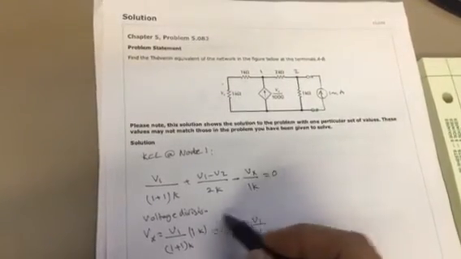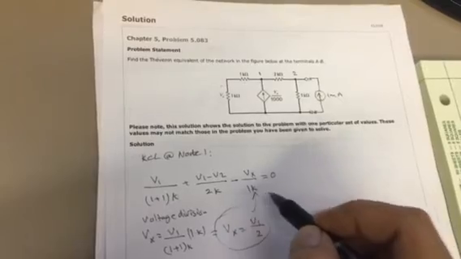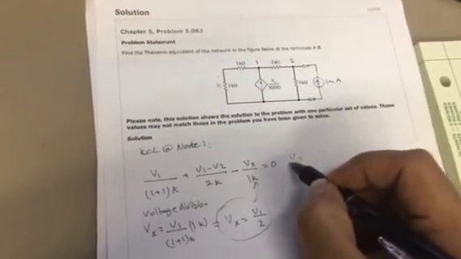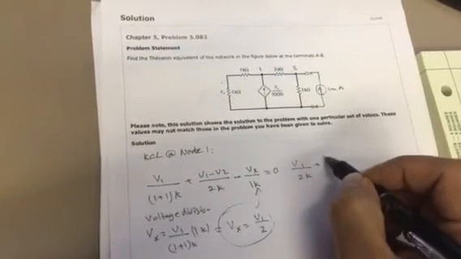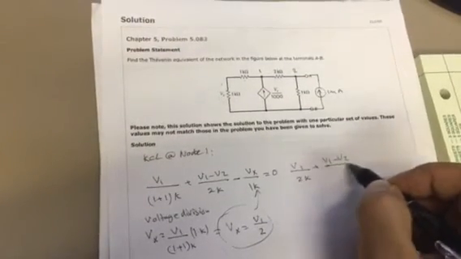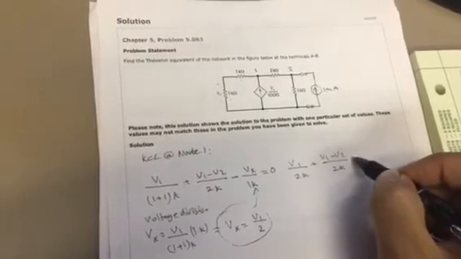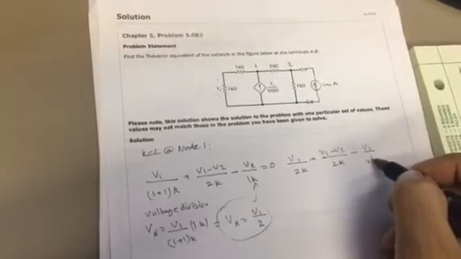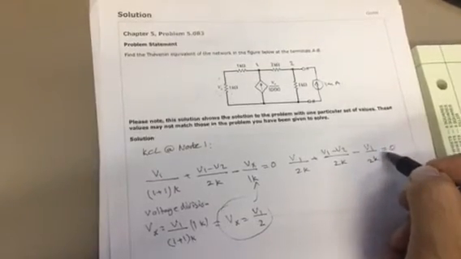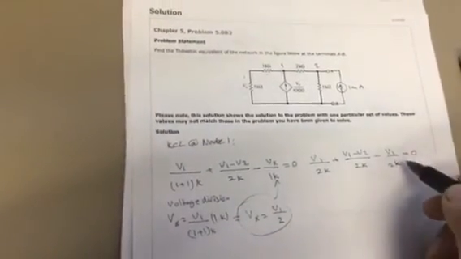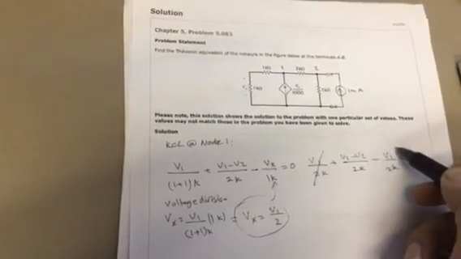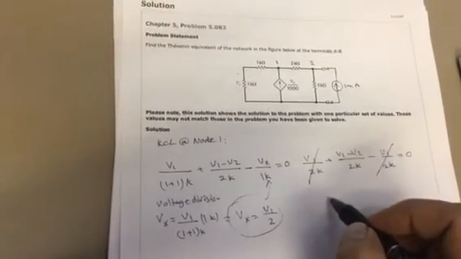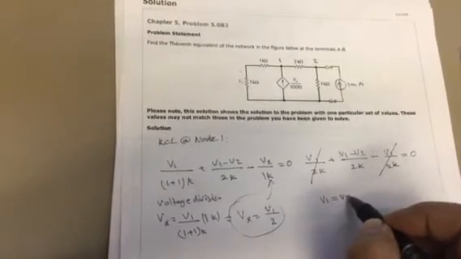Putting this relationship in, I can rewrite it as V1 over 2k plus V1 minus V2 over 2k minus V1 over 2k equals 0. The V1 over 2k terms cancel each other out, and we conclude that V1 is equal to V2.